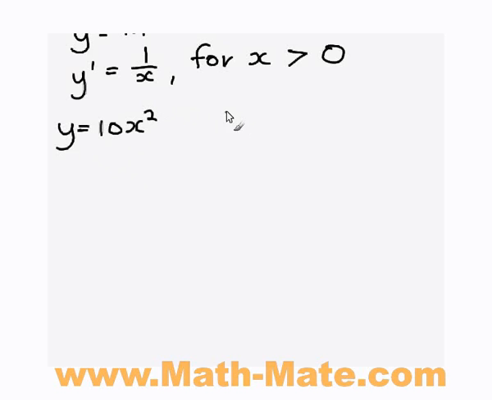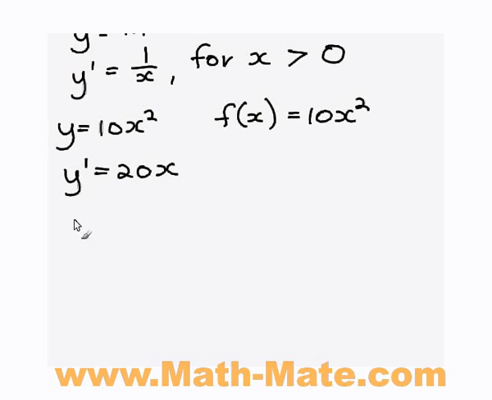So what I'm doing here is going to show some of the different ways you can talk about derivatives. So one way you can write the function is y equals 10x squared. Another way you can write a function is f of x, or the function with respect to x, is 10x squared. So the way we've been writing derivatives so far is just using a y dash.